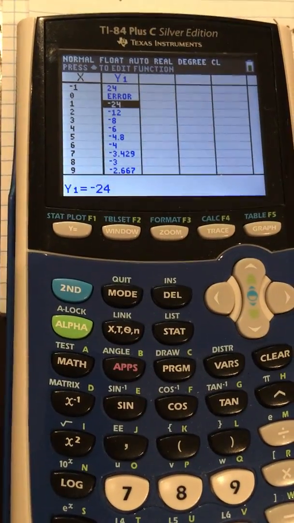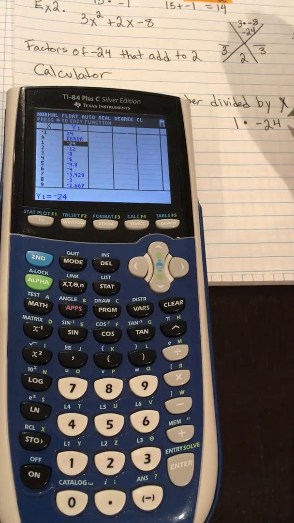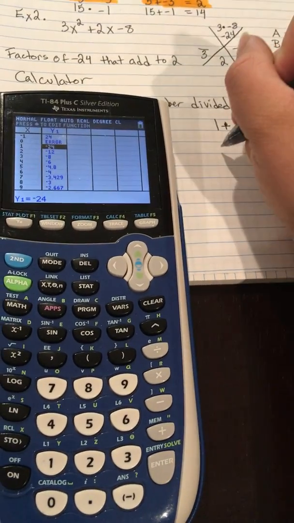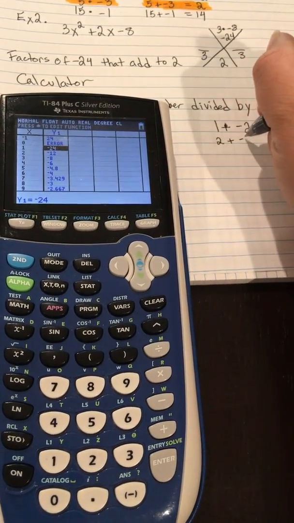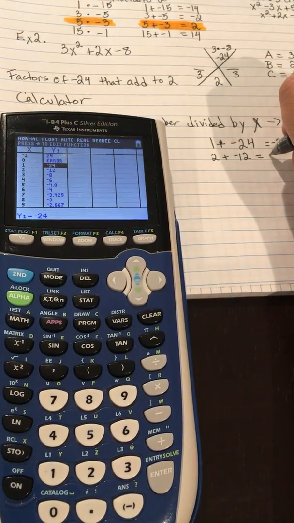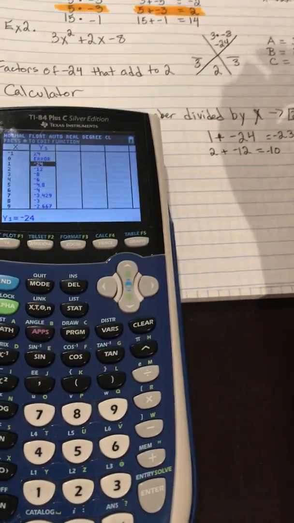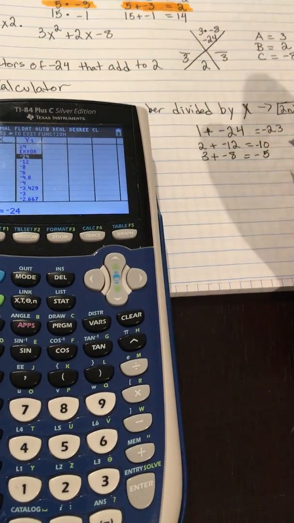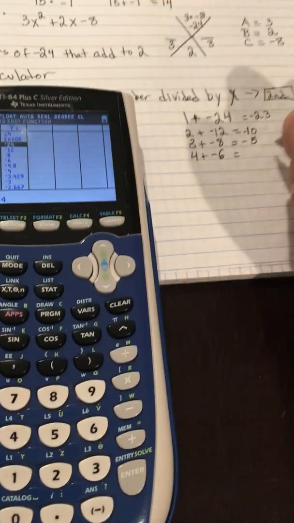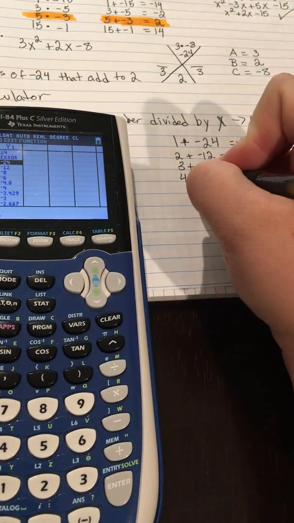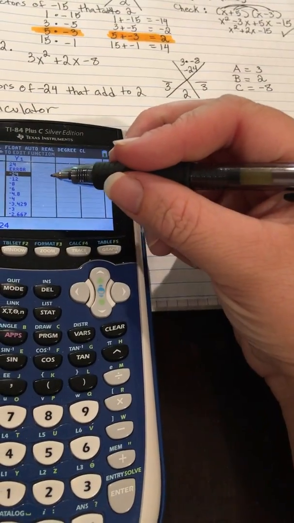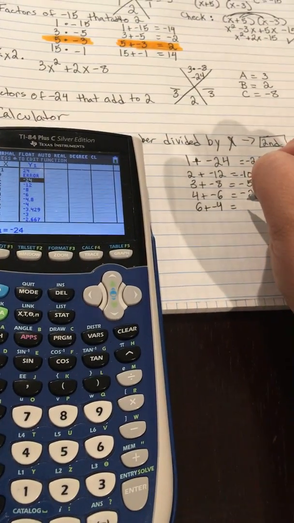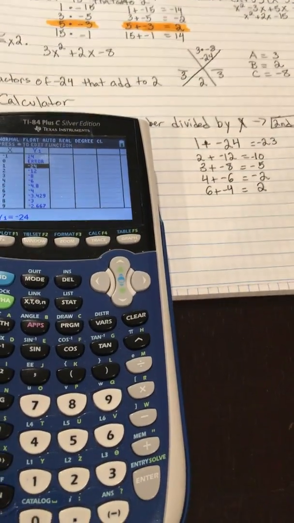So 1 plus negative 24, I apologize, equals negative 23. 2 plus negative 12 equals negative 10. 3 plus negative 8, it's going to be a negative 5. 4 plus negative 6, that's negative 2. 5, I said, had a decimal, so we kind of need to just skip over it. 6 plus negative 4, that gives us positive 2, so that's the number we're looking for.